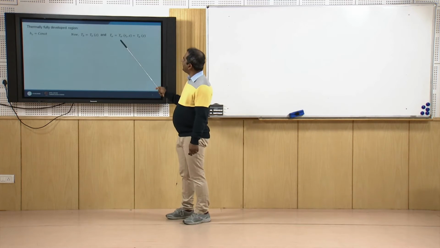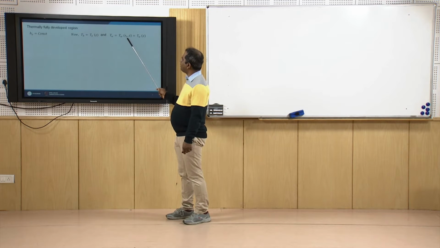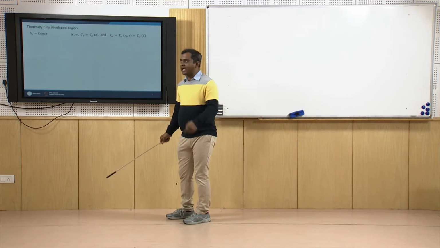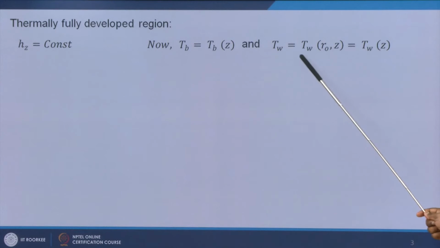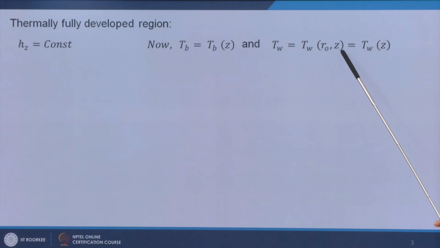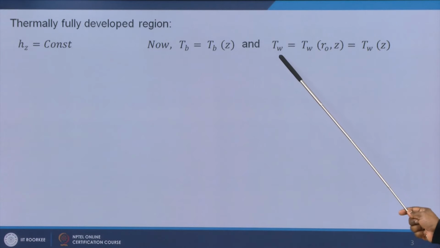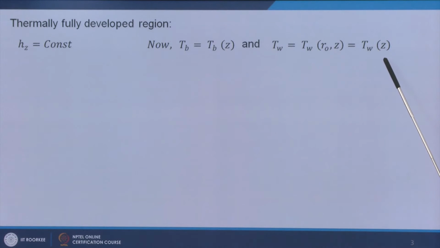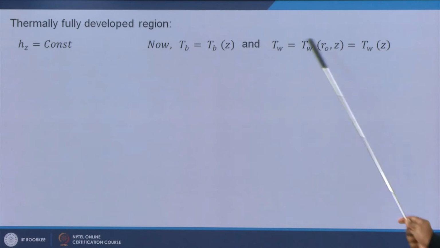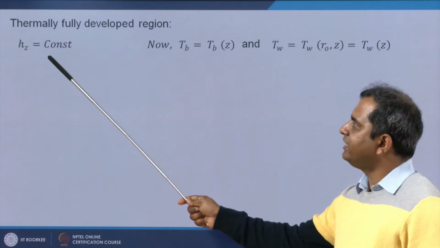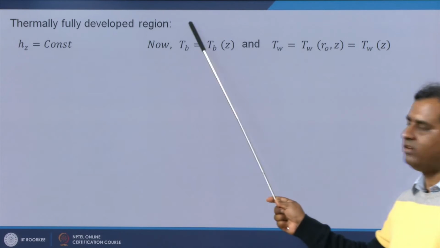It is only valid at R naught, the tube radius. So, T_W is a function of Z, and both are functions of Z, while Hz is constant for the thermally fully developed region.